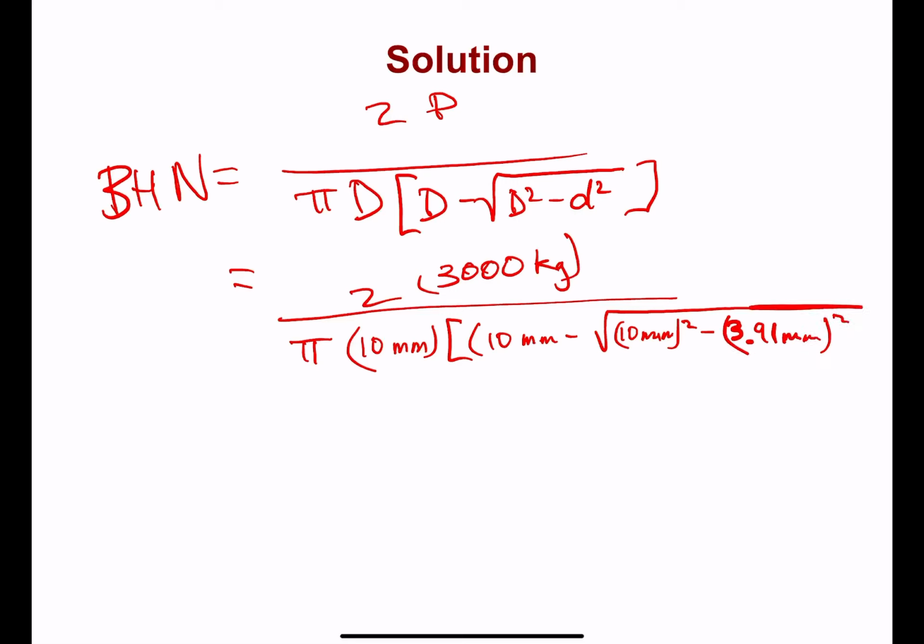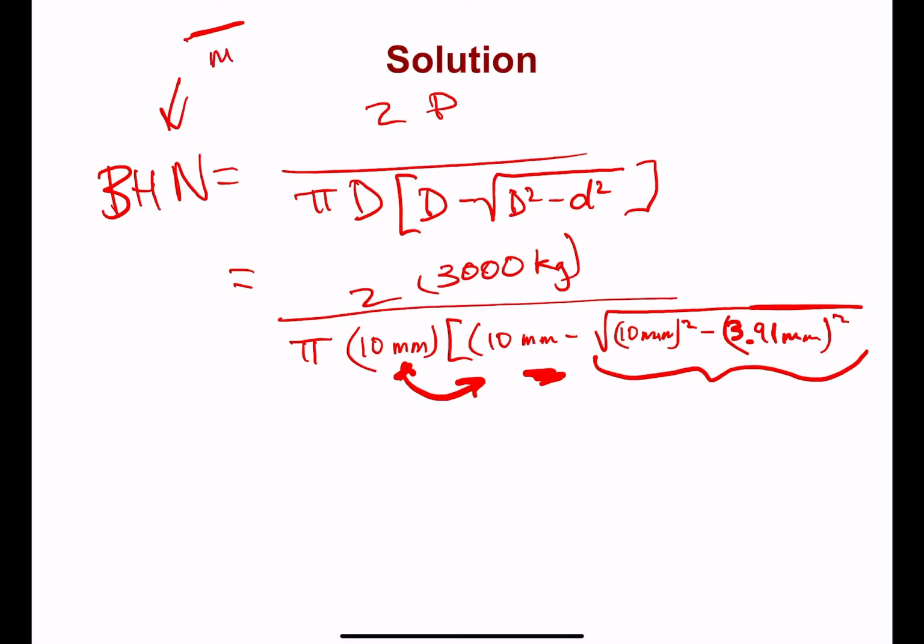Okay, so hopefully you're seeing that the square root takes this portion to millimeters. We do a subtraction on millimeters, so we're still in millimeters, and then the product gives millimeters squared, which provides the correct denominator units for the BHN value.